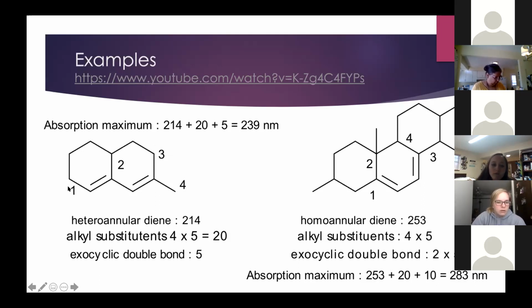So this one right here is your first one. So you're just looking at what's connected to this right here. So you've got 1 here, and then 2 here, and then 3, 4 there. So then those 4 get multiplied by 5. And you're not looking at these carbons because they're not attached to this conjugated double bond system.